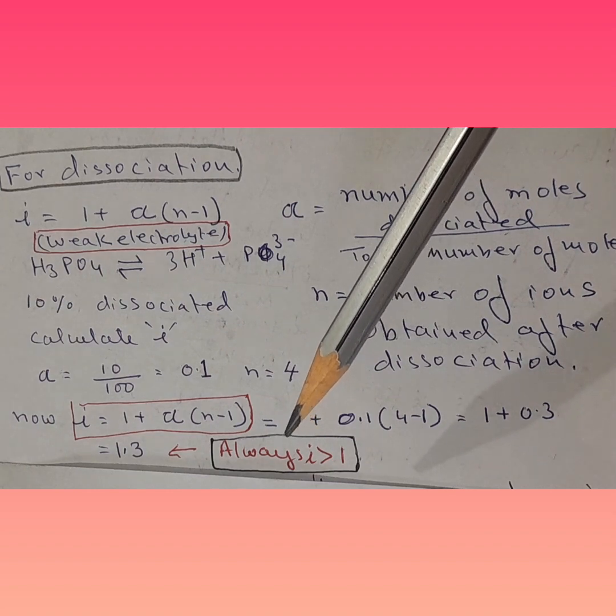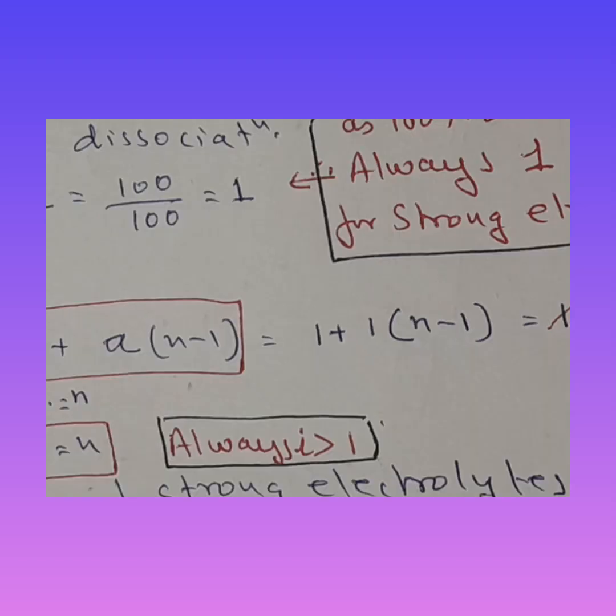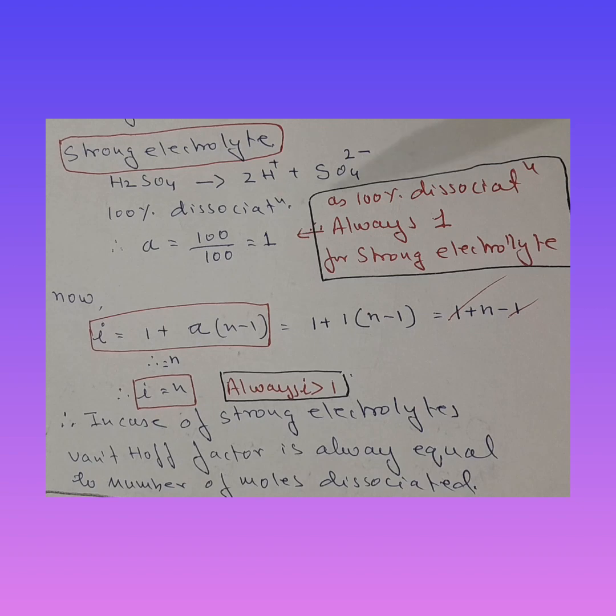Now let's understand strong electrolytes. Strong electrolytes in case of acids are hydrochloric acid, sulfuric acid, nitric acid, and so on. And strong bases are alkali and alkaline earth metal hydroxides, sodium hydroxide, potassium hydroxide, and all those hydroxides. So these are all strong electrolytes.